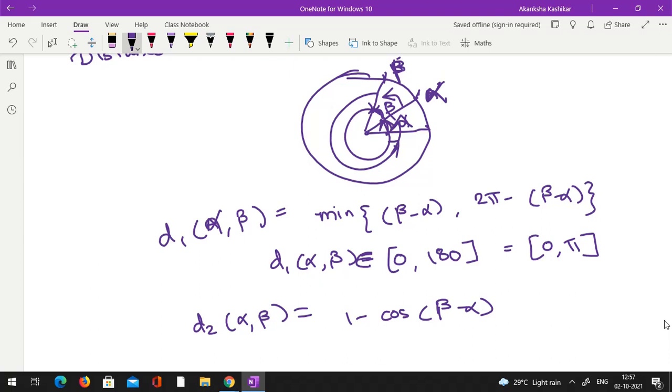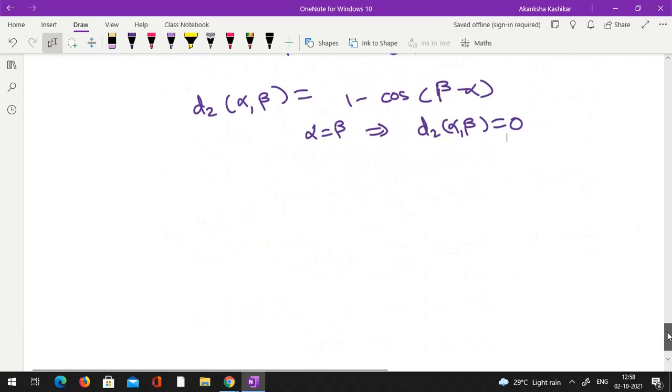So here what is the range? If alpha is equal to beta, then I will have 1 minus cos 0. Cos 0 is 1, so the distance is 0, which I need because otherwise it won't be a proper distance function. But what would be the maximum possible distance?